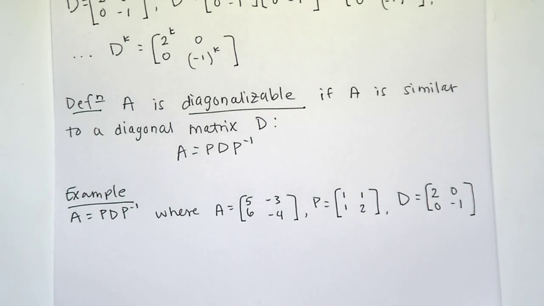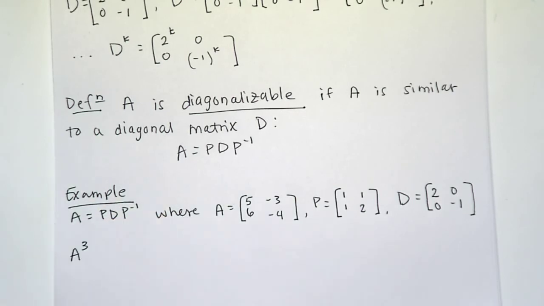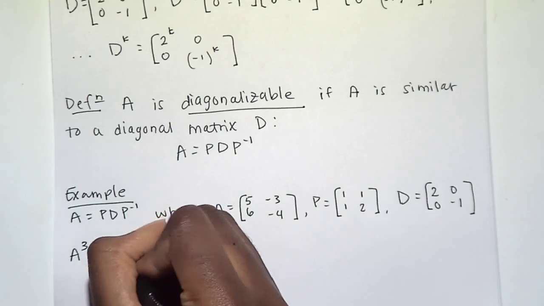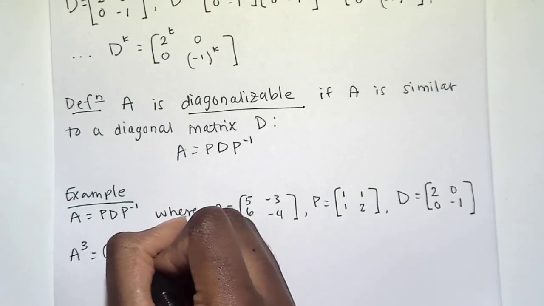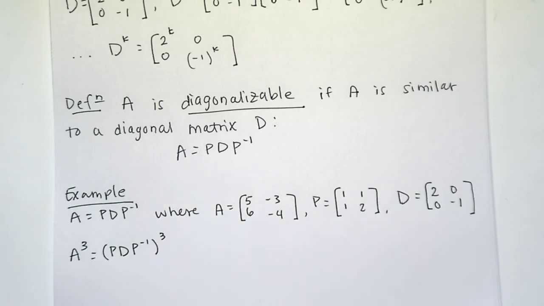What if I wanted to figure out what A cubed was? It may take a little bit of effort to multiply A by itself 3 times. But what we do know is that A is diagonalizable, so A cubed is the same as P D P inverse cubed.